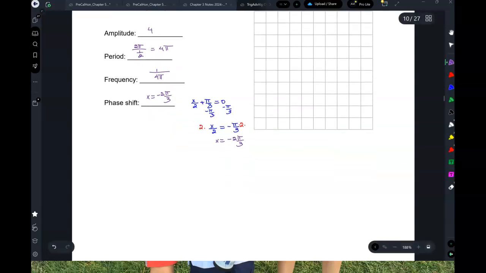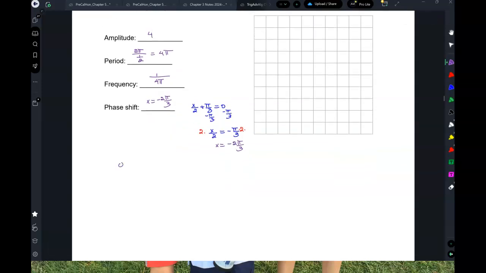Okay, so let's see what the graphing region is. 0 to 2 pi. X over 2 plus pi over 3. Okay, so we're going to subtract pi over 3. By the way, you can use your calculator for this part.